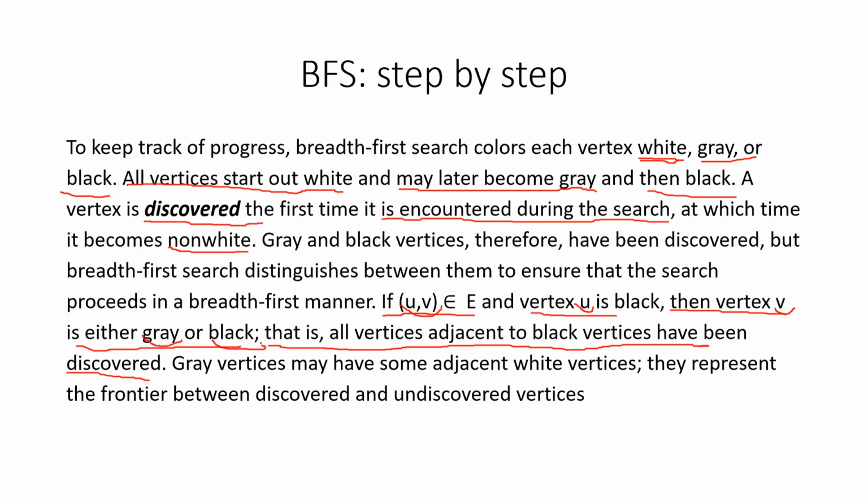Because when we discover vertex U, we discover all adjacent vertices of U, and if it has edge UV, it means that V is already gray or black. But some gray vertices may have adjacent white vertices. They represent the frontier between discovered and undiscovered vertices.